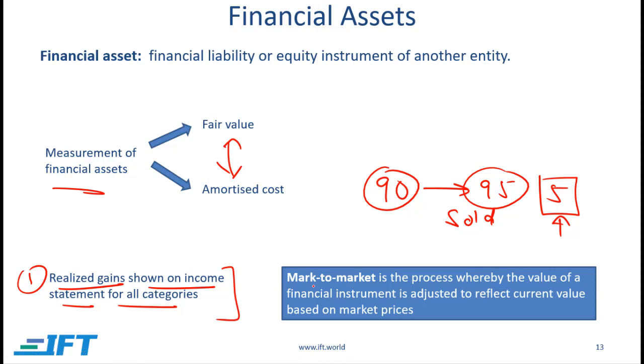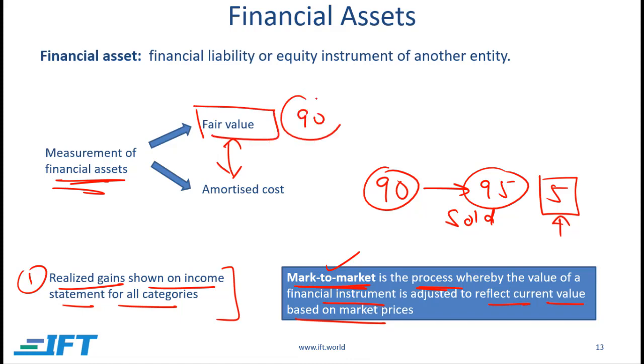The second point has to do with mark to market. This term shows up quite often. Mark to market is the process whereby the value of a financial instrument is adjusted to reflect current value based on market prices. So this term applies when we are referring to financial assets which are measured at fair value.